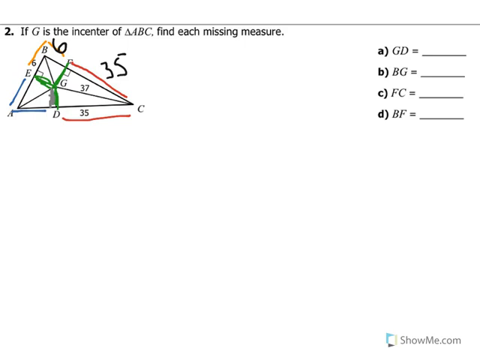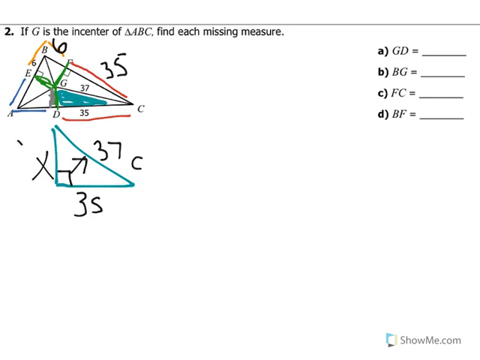Looks like we're going to need to use the Pythagorean theorem for this. So I'm going to use the Pythagorean theorem with this right triangle. I'm going to draw that right triangle outside of my picture. Right angle, 35 is on the bottom, 37, and then that's what we're looking for.